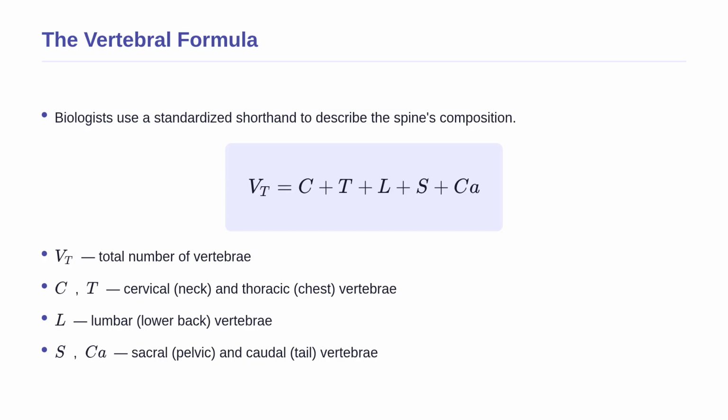In plain English, C stands for the cervical or neck vertebrae. T is for the thoracic or chest vertebrae. L represents the lumbar or lower back vertebrae. S stands for the sacral or pelvic vertebrae. And CA represents the caudal or tail vertebrae. If the caudal value increases, the animal has a longer tail, like a monkey. If the total remains constant, but the neck is long, like in a giraffe, the individual bones are simply elongated.